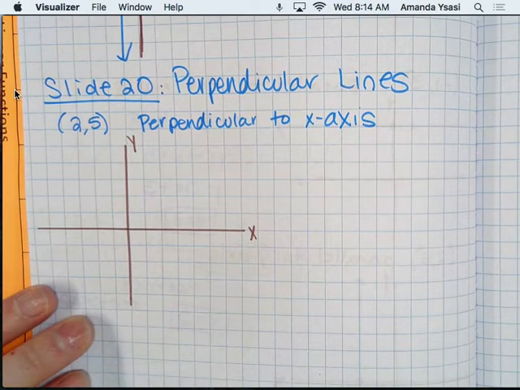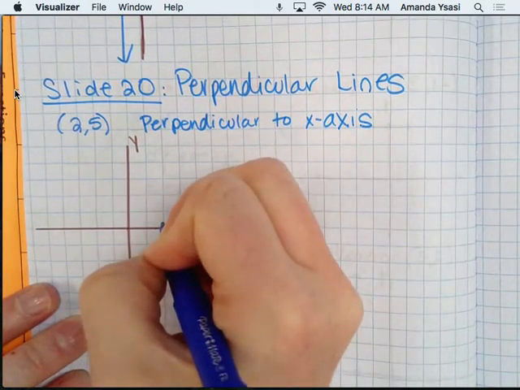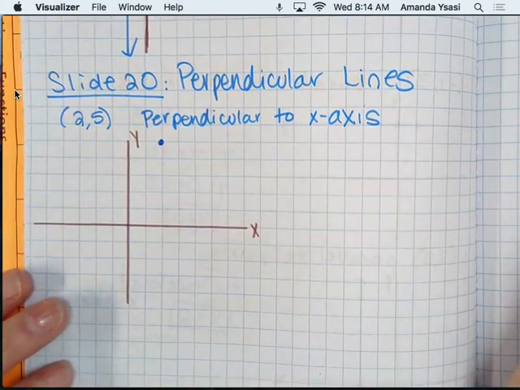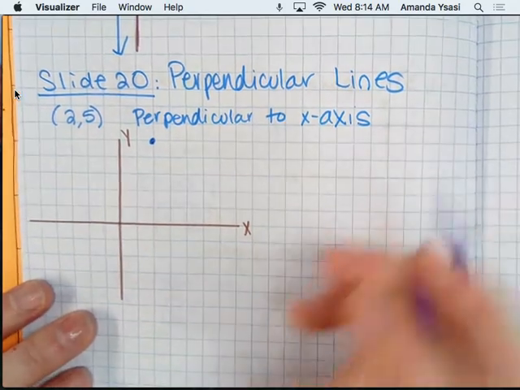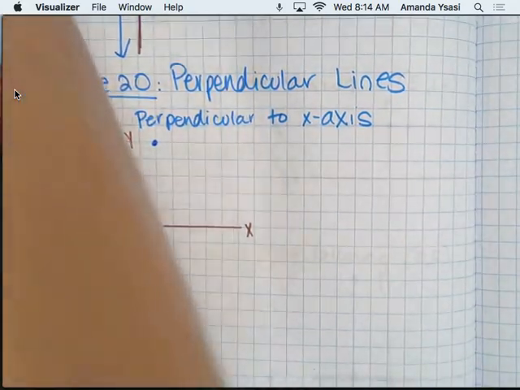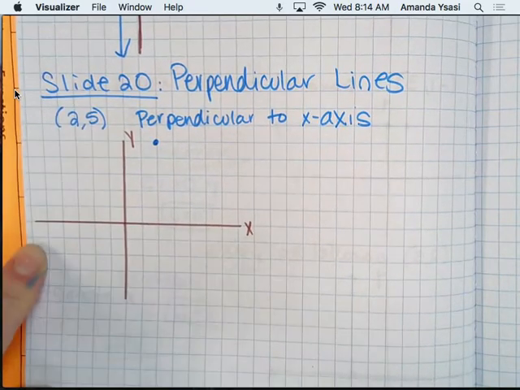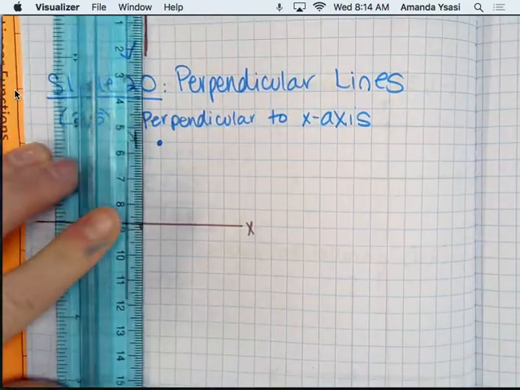We first need to plot the point 2, 5. If we look at our x-axis, what kind of line will be perpendicular to it? A vertical line.